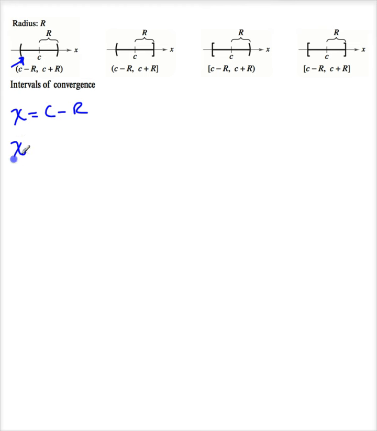And then you put in x equals c plus r, and in this case it diverges, so you'll have the open brackets. It's also possible for one endpoint to converge while the other one diverges. And the last case is for it to converge on both endpoints.